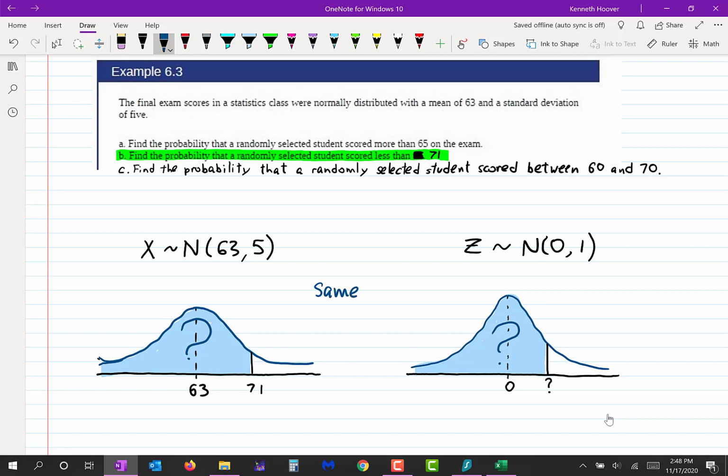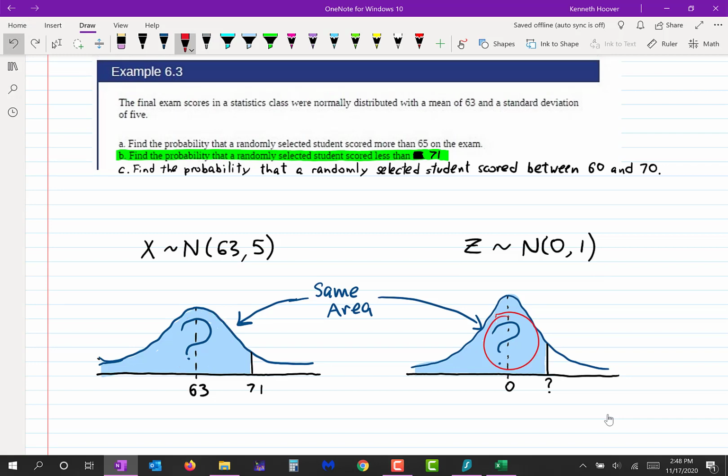Same area. So what we're going to do is look up this area in the standard normal distribution, and that will tell us what this area is.